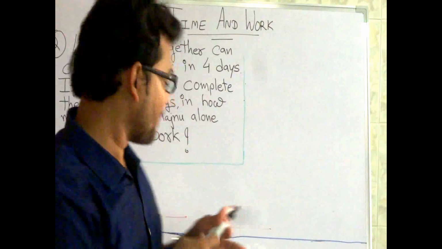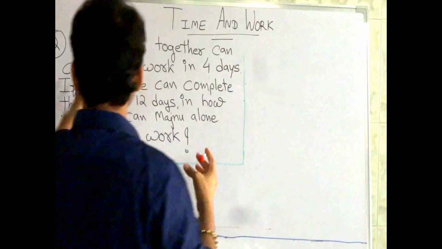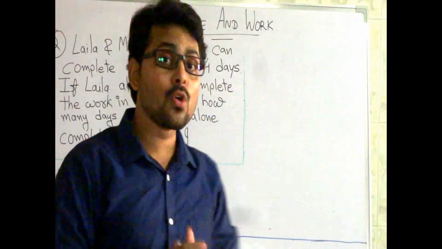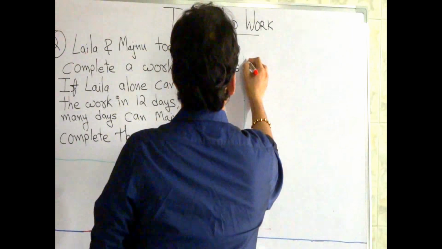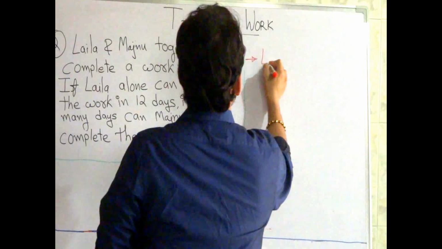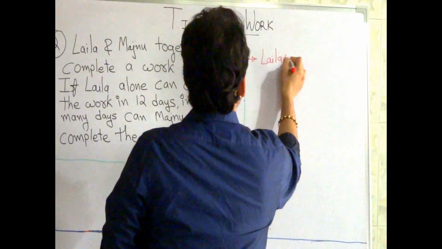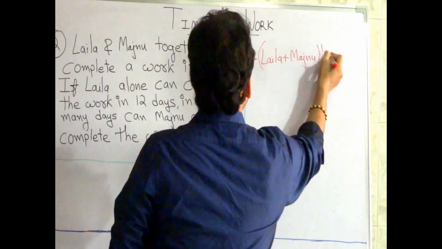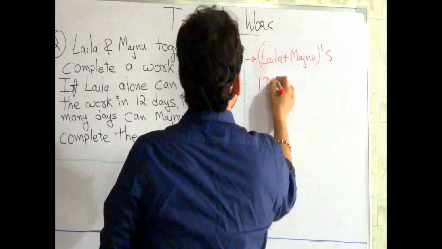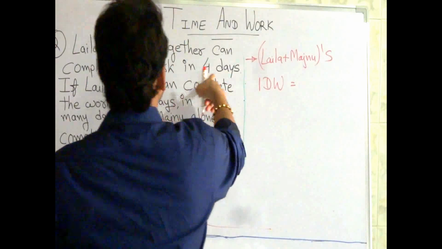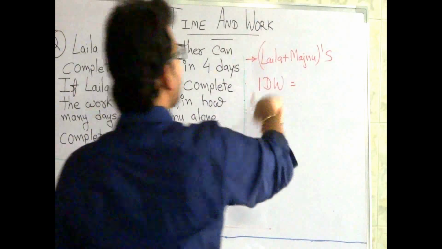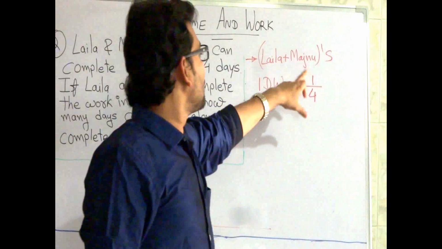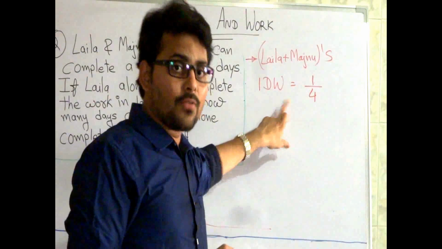Okay, so we will go by that formula only. By the first formula, Laila and Majnu together can complete a work in 4 days. So Laila plus Majnu's 1 day work is, since time and work are inversely proportional, 1 by 4.